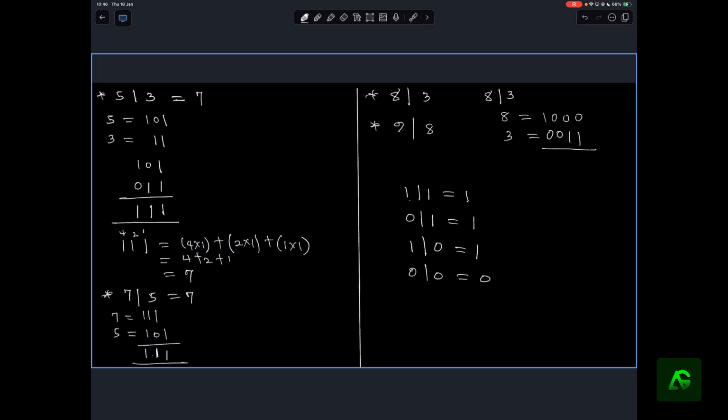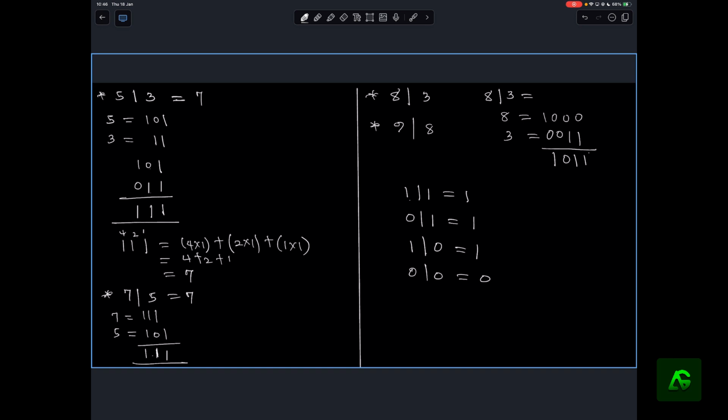0 OR of 1 is 1. 0 OR of 1 is 1. 0 OR of 0 is 0. And 1 OR of 0 is 1. So this is what we have. We need to take this back to base 10, so let's convert this value using the weight approach.